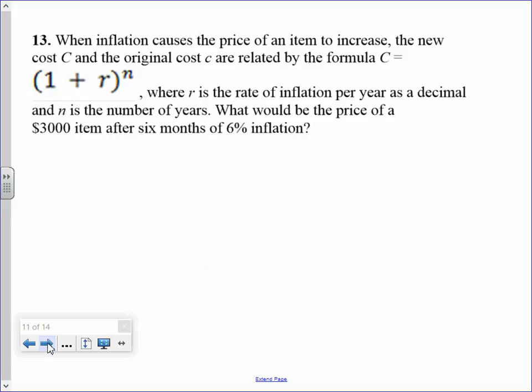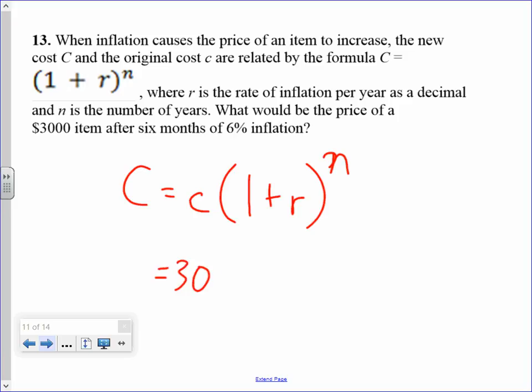Okay, word problems. Here, just plug the numbers in where they go, then put it in the calculator. C equals little c times 1 plus r to the n power. We know the little c is going to represent the original cost or value, so that's the 3,000. 1 plus the rate, which is 6%, 0.06. Don't write just 6 or 0.6, 0.06.